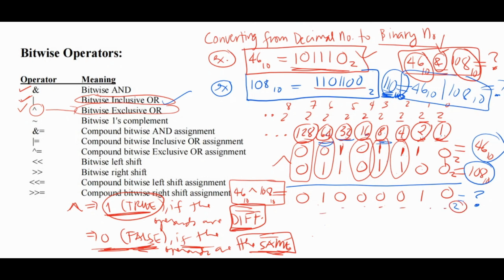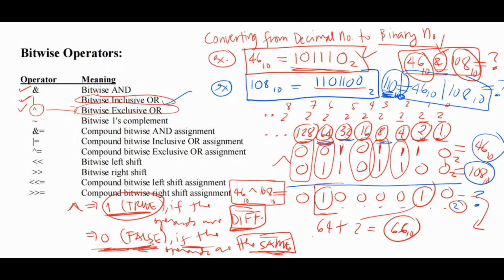And this binary number, if converted to decimal, the bit position 1 here has an integer value 64. So this is 64 plus the second bit position 1 here, which has an integer value 2. So plus 2, the sum is 66, right? So 66 base 10.